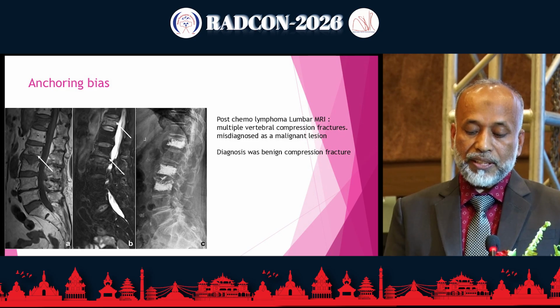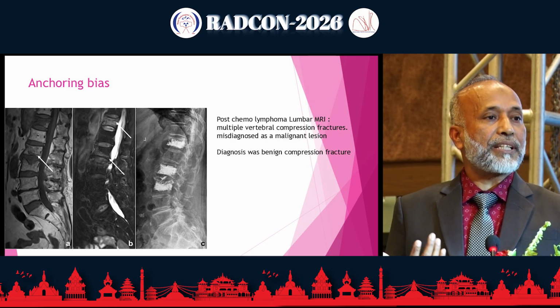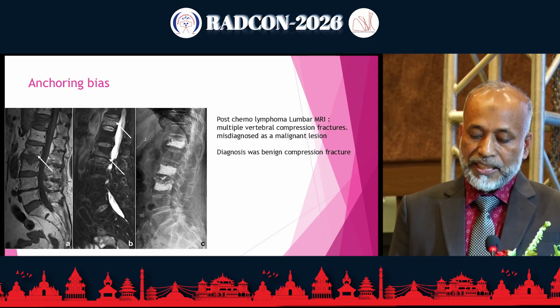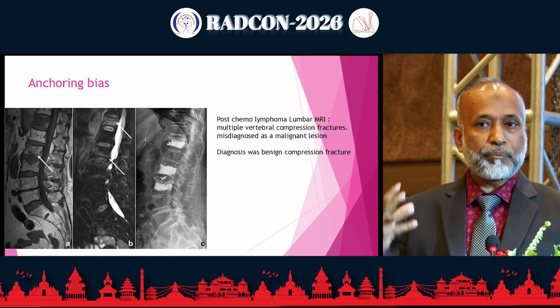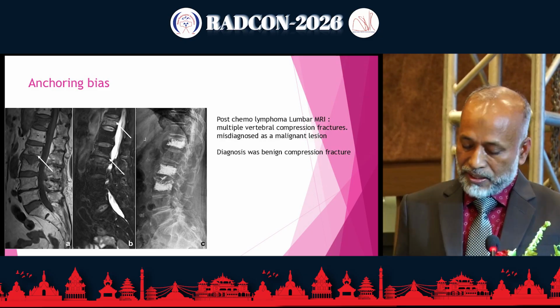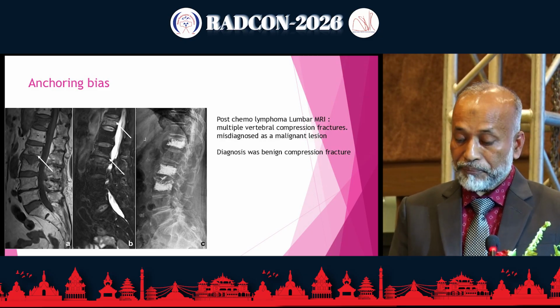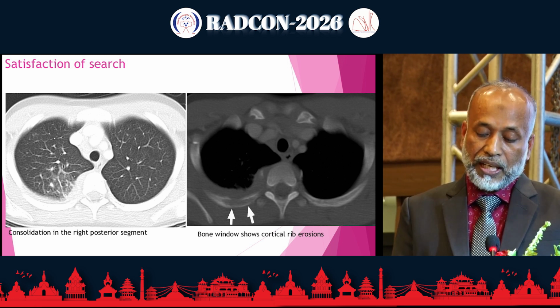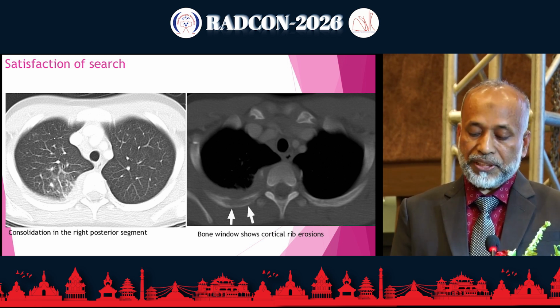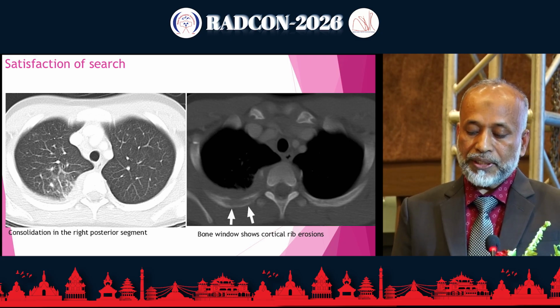Any radiologist would interpret this as a metastasis, but it was not metastasis, it was a compression fracture. This is anchoring bias, the stiffness to initial findings. And satisfaction of search again: in the lung window we see some reticulonodular opacity, but in the soft tissue window, there is bone erosion.